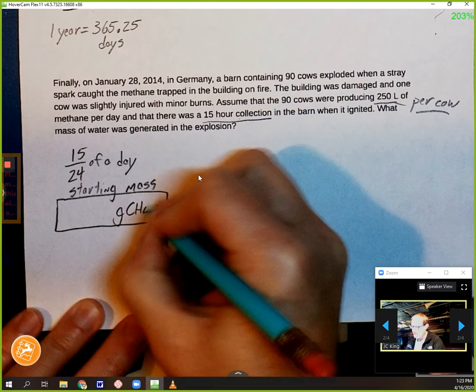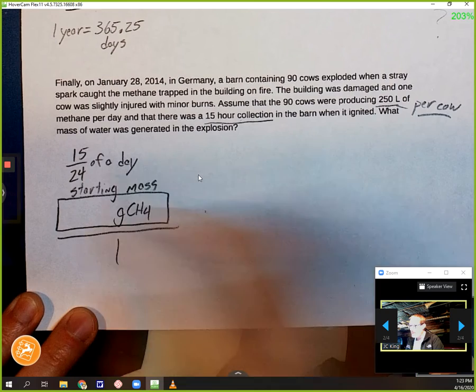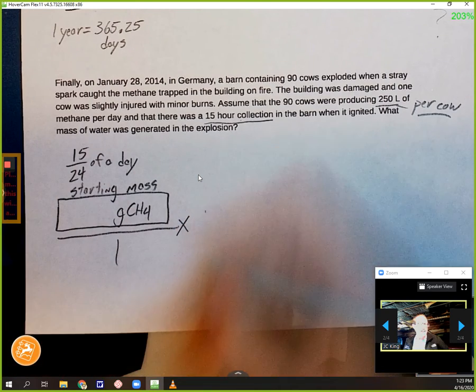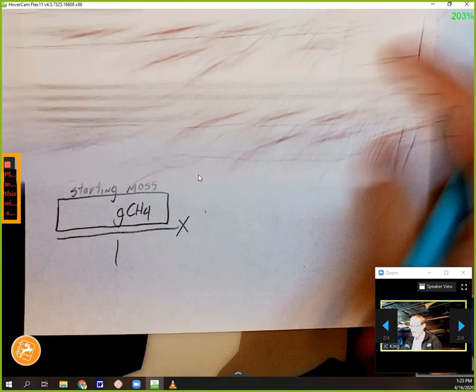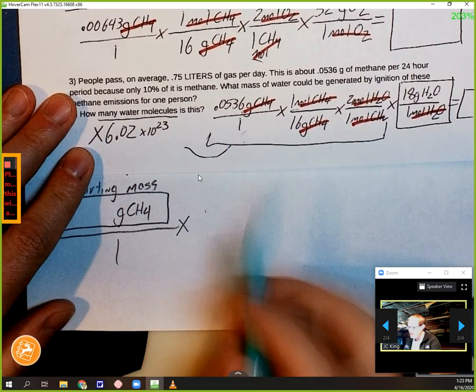Then it wants to know what mass of water was generated. So fortunately, we can go back and steal some of our math from the previous page, particularly this part right here. We can take this step, and this step.